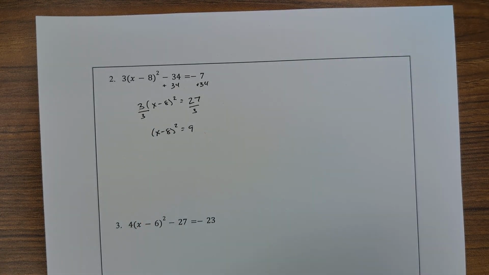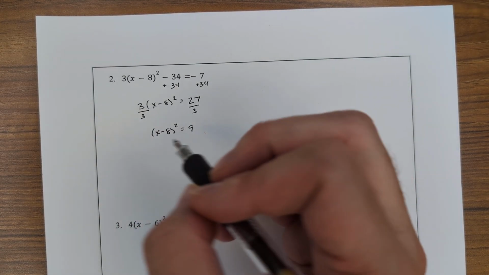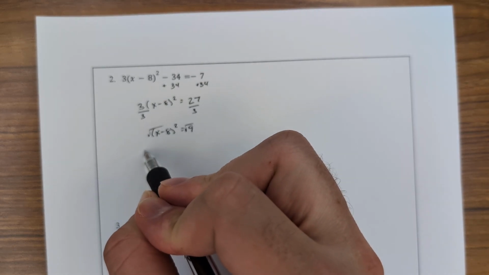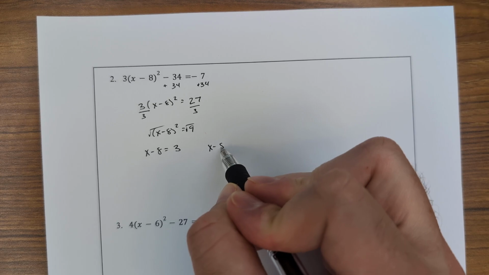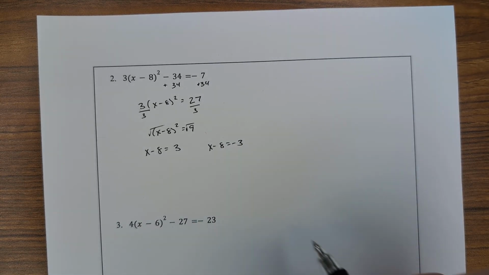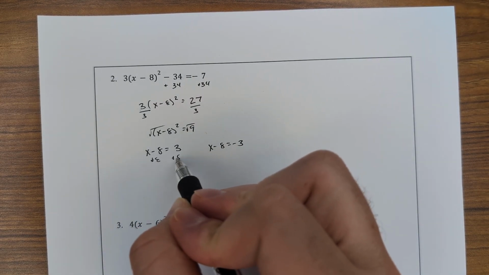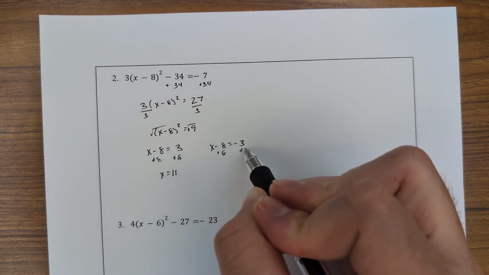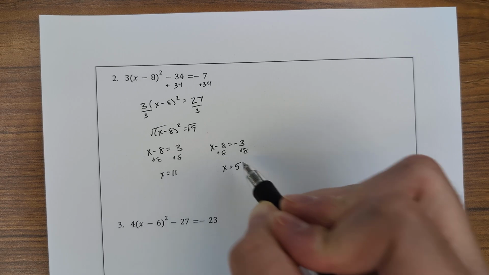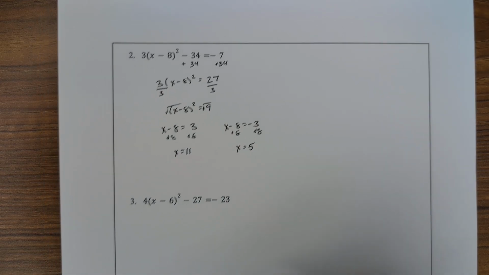So give me that. Now the thing that has the squared is by itself, so square root on both sides. This is where the equation is going to split. The square root of 9 is 3, but it could also be negative 3. Add 8, so 11 is a possibility, or 5. So 2 possible solutions.